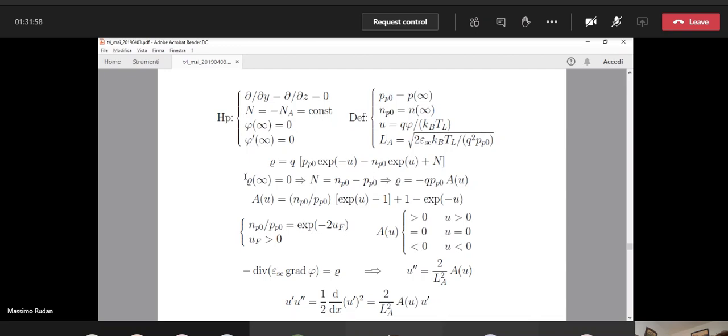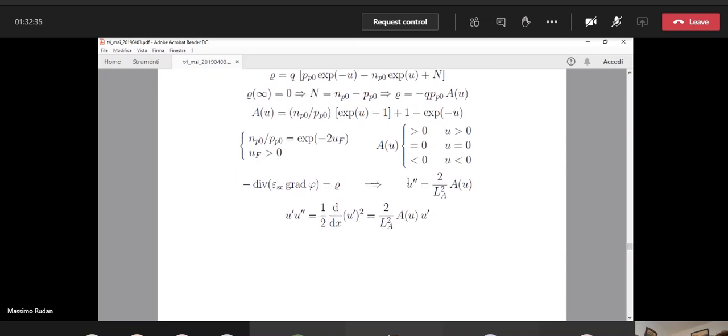Now we have all the ingredients for putting the Poisson equation together in normalized form. So we start with the general form. This is the first Maxwell equation, in which we have replaced the electric field with minus the gradient of phi. So this is the Poisson equation in 3 dimensions and in the non-normalized variables, okay?